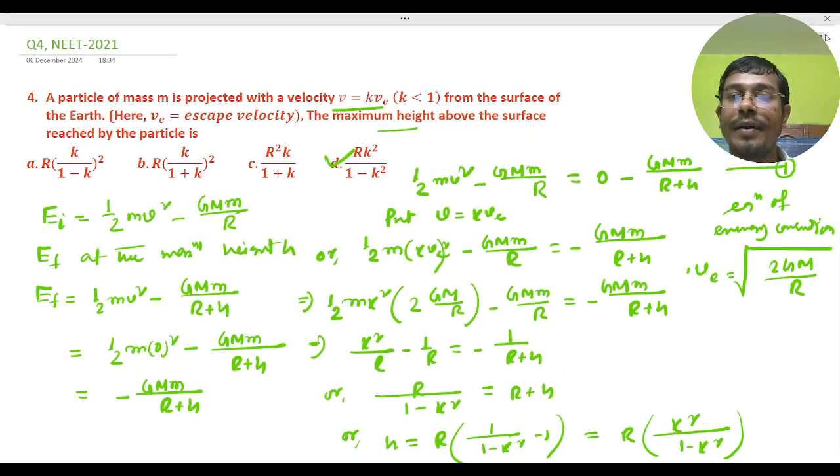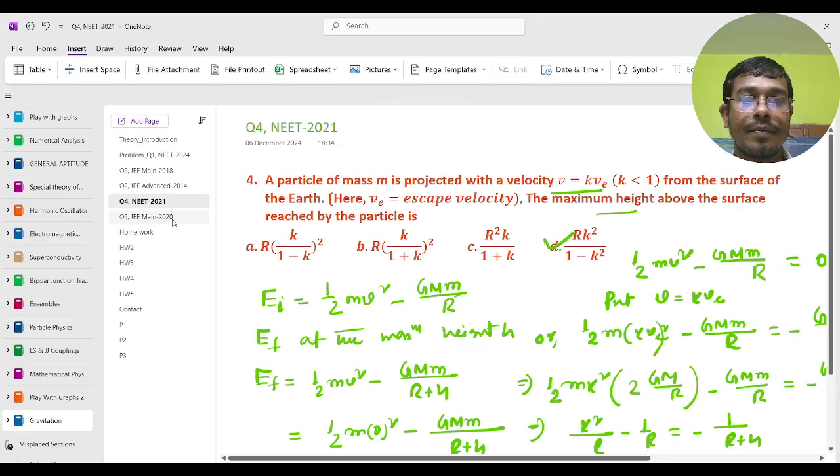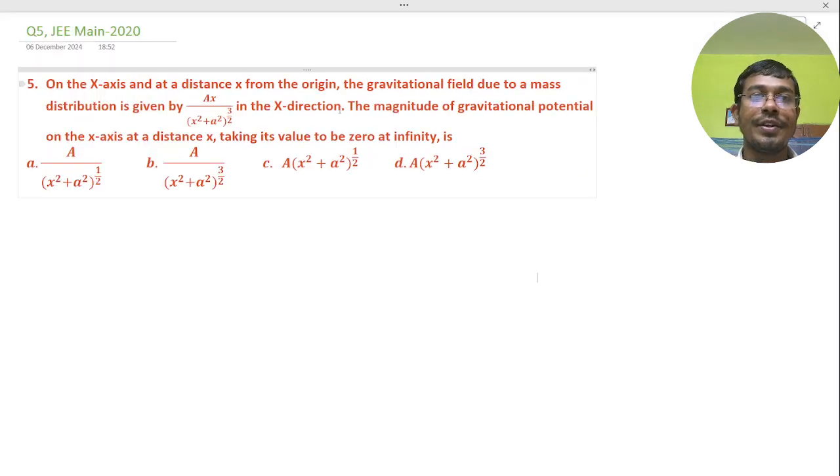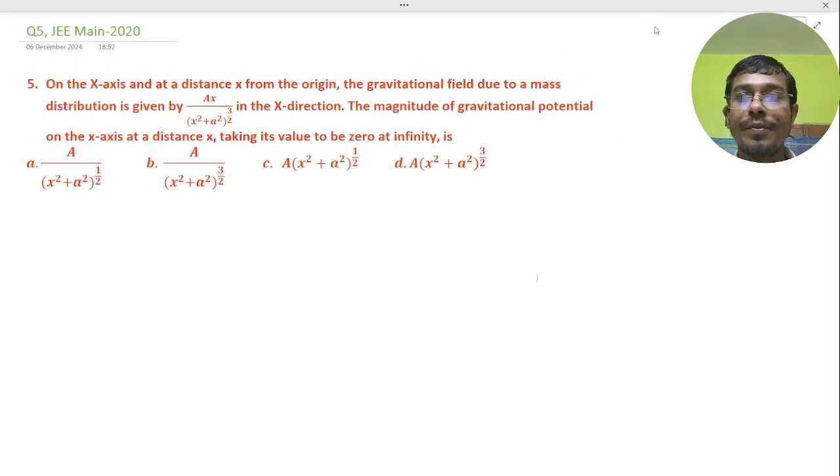Go ahead, our last problem for the JEE Main 2020. Basically it's saying that formally on the x-axis at the distance x from the origin, the gravitational field due to a mass distribution is given by a x by x square plus a square to the power 3 by 2 in the x direction.